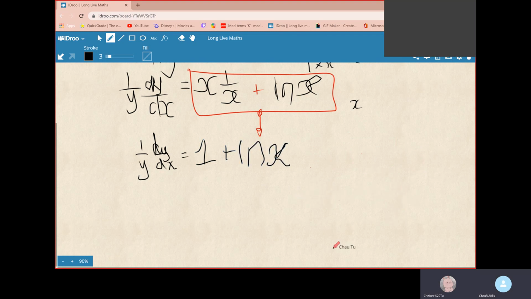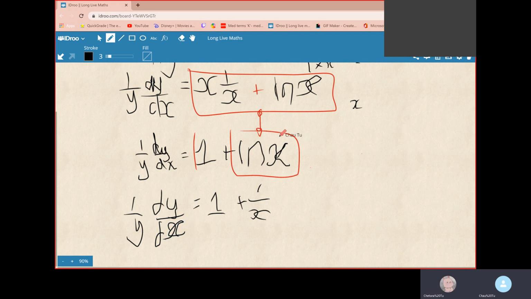Good. Now what? Simplify the ln x, which would be 1 plus 1 over x. Yeah? What's over here? 1 over y dy by dx. No, wait there, hang on. What you've done here is differentiate, but you're not meant to be differentiating.